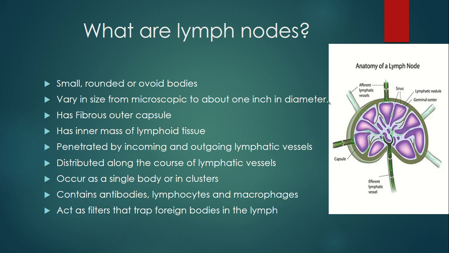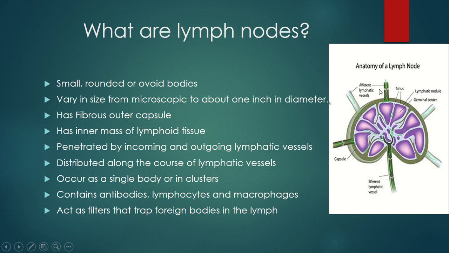They can be found in clusters, or they may appear singly, and they are found to be punctuated along the lymphatic vessels throughout the whole framework of the lymphatic system.